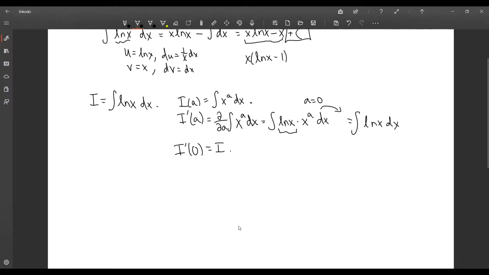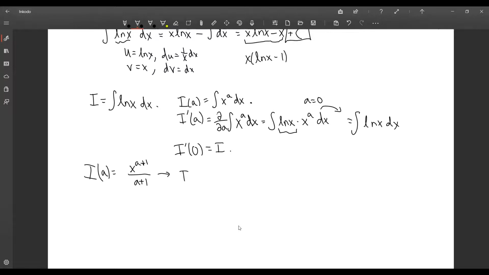So what can we do with this information? Well, we could compute I of a explicitly in terms of a. We know it's the integral of x to the a dx, and that's a simple power rule. We just get x to the a plus 1 over a plus 1. And of course there's a plus c here, but I'm not going to worry about it because I'm going to take a derivative anyway.